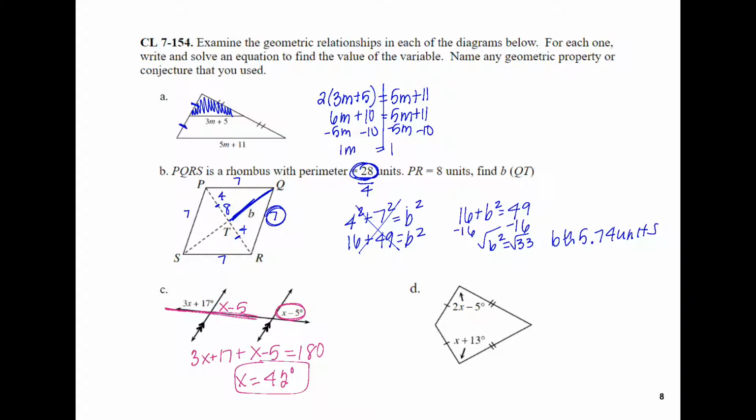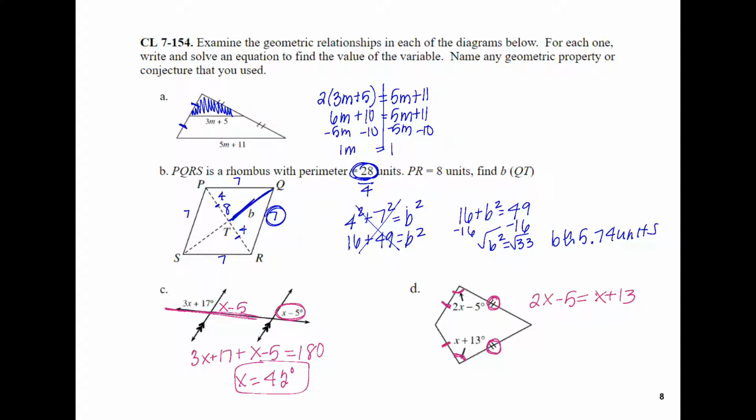Looking at the last polygon, we can see that this side is congruent to this side. This side is congruent to this side, which means that our angles here and here should be congruent. So we can set 2x minus 5 equal to x plus 13.